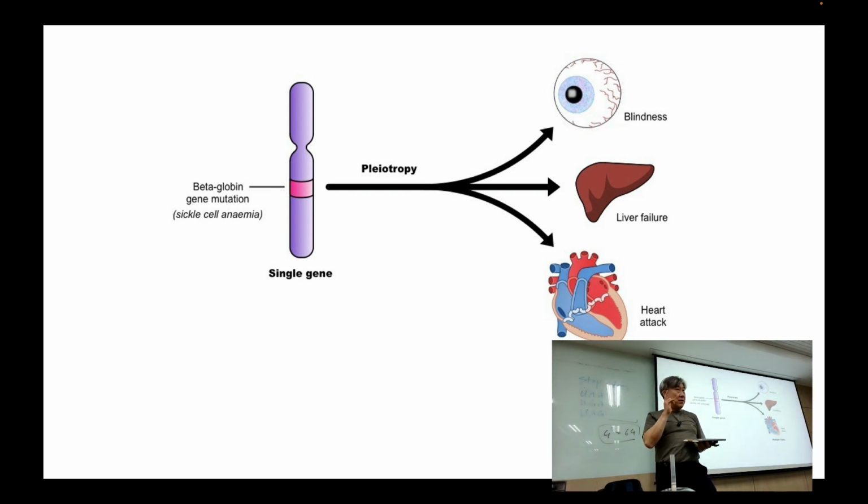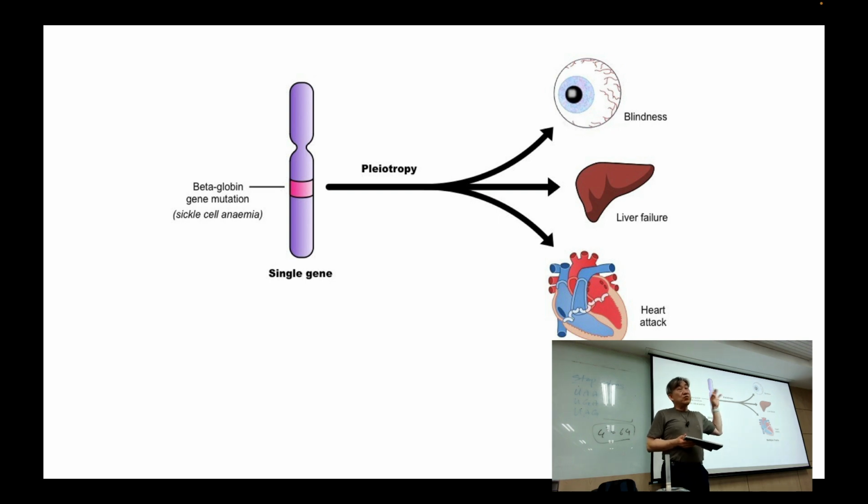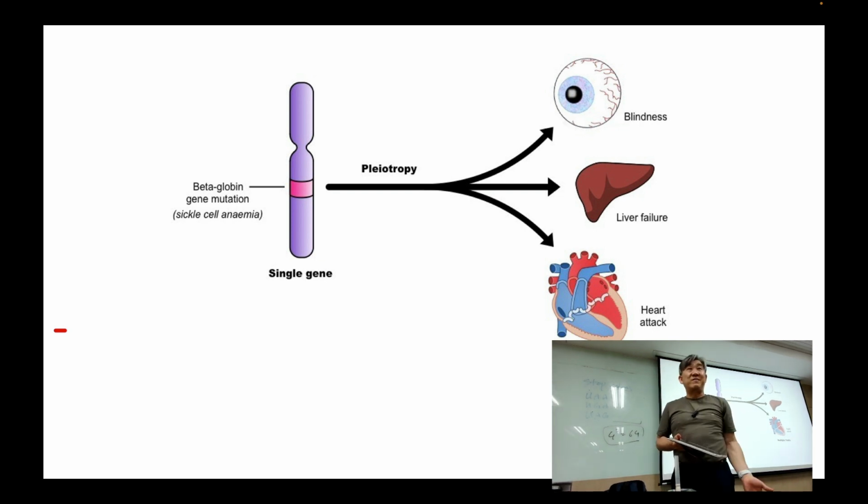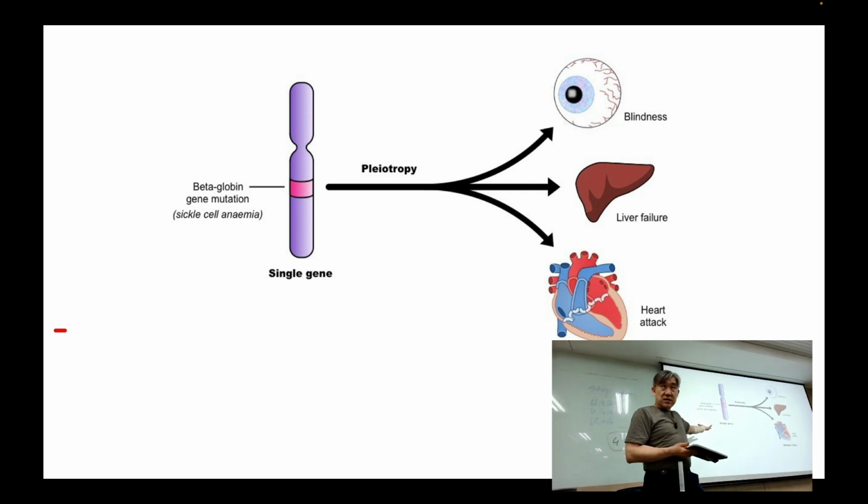But if you think about why any particular gene mutation will, on some occasions, have a pleiotropic effect, then you can easily predict it, because this is an example.